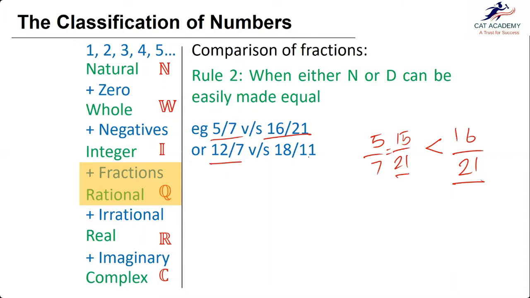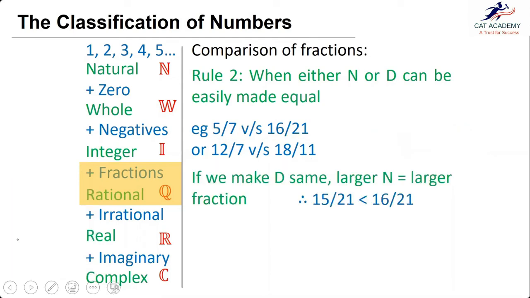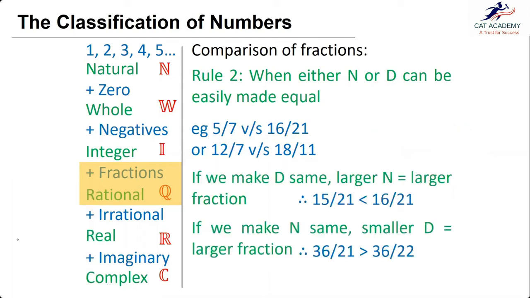Similarly, for this one, I can convert it like this, 36 by 21 and 36 by 22. See, 12 by 7 can be multiplied by 3 and made 36 by 21. And 18 by 11 can be written as 36 by 22 by multiplying by 2.